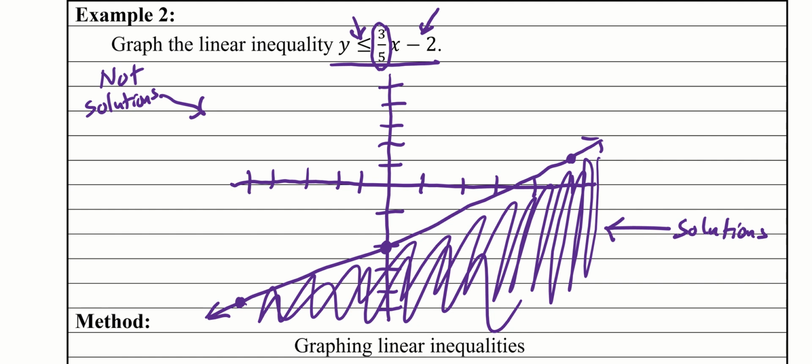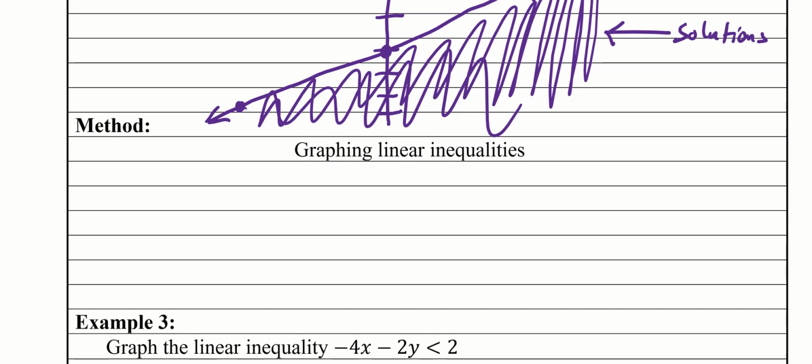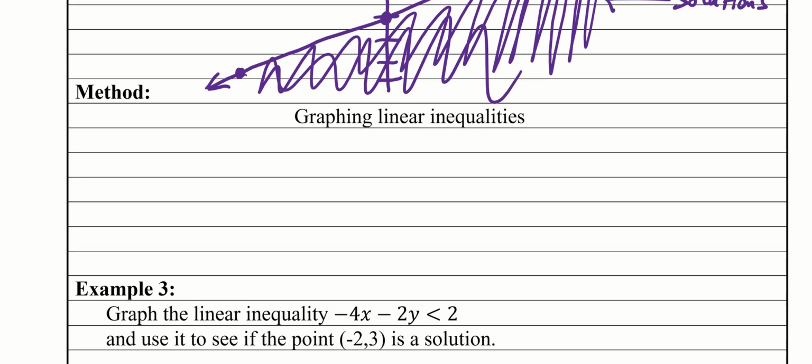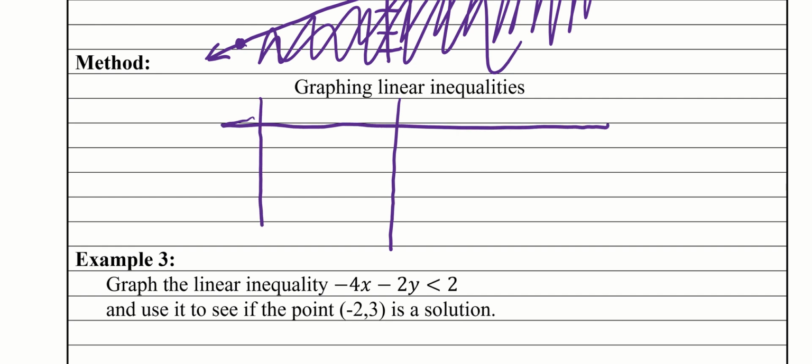Okay, so in terms of what kind of line to draw and how to shade, we can actually create a little table similar to the one that we made when we were working with inequalities with just one variable. So I'm going to go ahead and create a little 2x2 table here. And based off of the symbol that I see in the inequality, that's going to tell me how to shade these in here. So the two decisions that you're going to need to make when you're graphing these is our lines are going to look slightly different now.